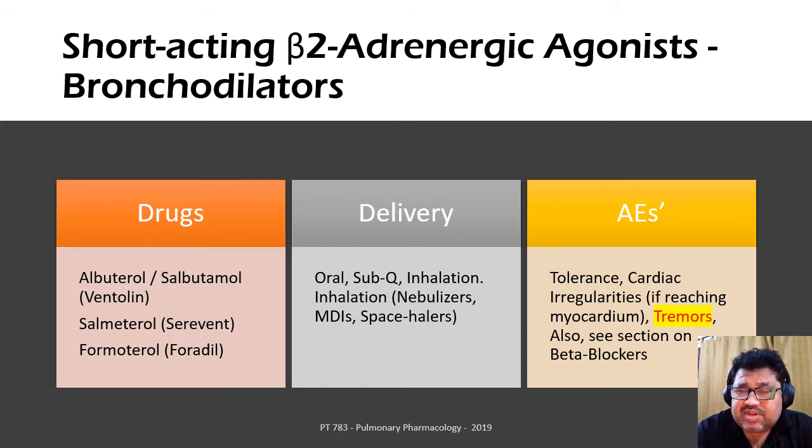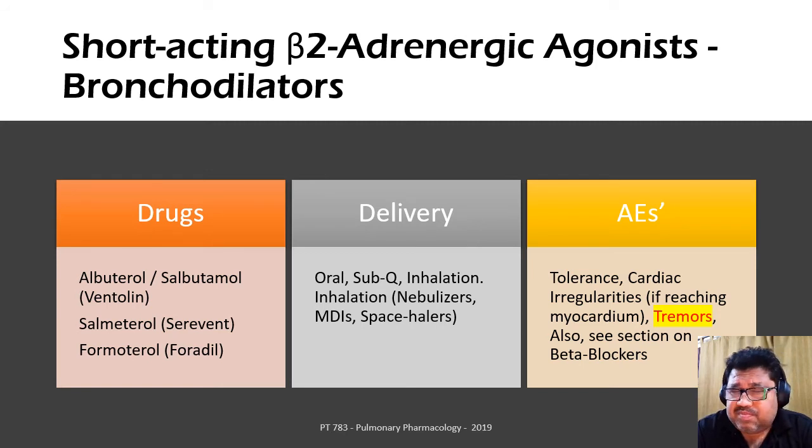These drugs can be delivered in multiple ways. It can be oral, subcutaneous, inhalation, and so on. Now, the inhaled drug delivery of albuterol is perhaps not the best, but the most common way of delivering them.